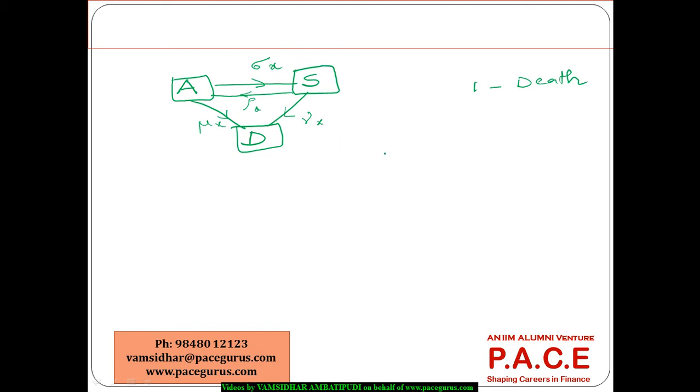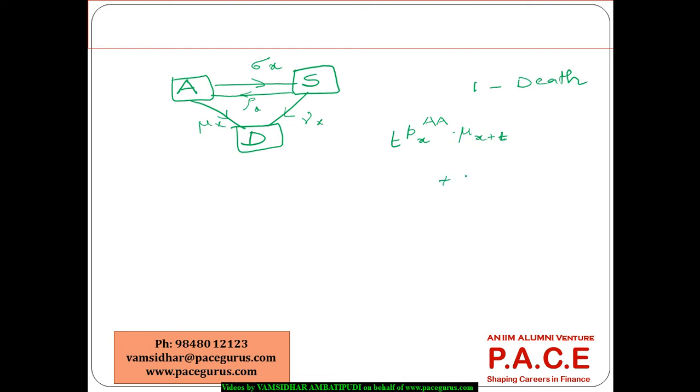Let's look at the overall probabilities for that. Let me assume that from the active state he has gone to death, which means I am interested in finding TPX, that he is in state active until x plus t, and once he is active, from there he goes to death, mu x plus t.